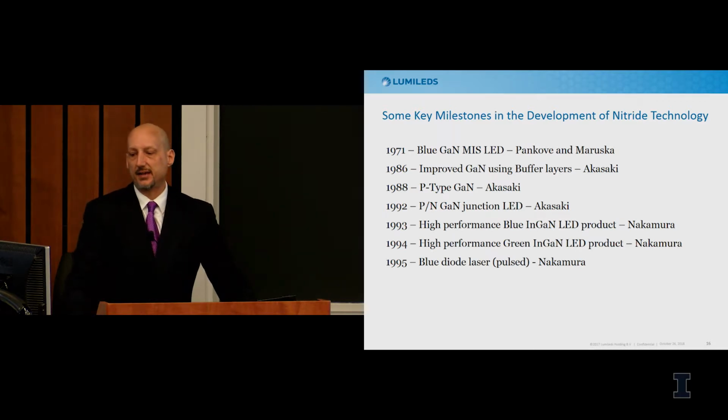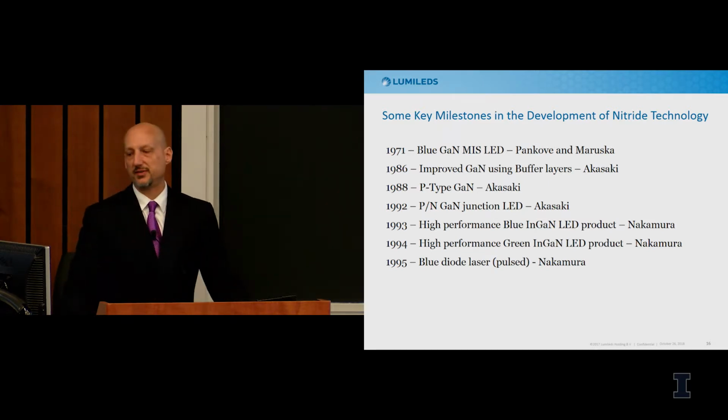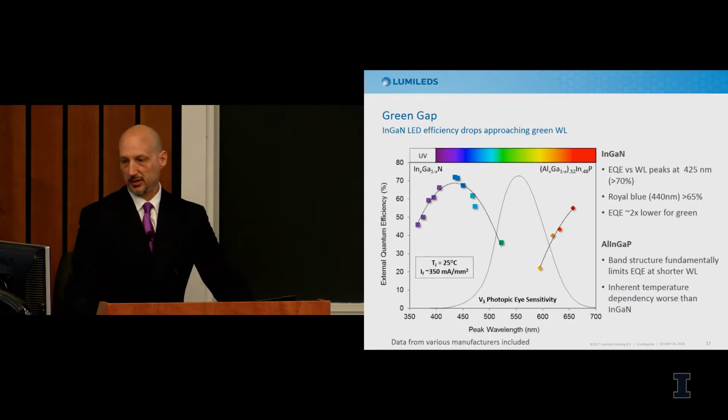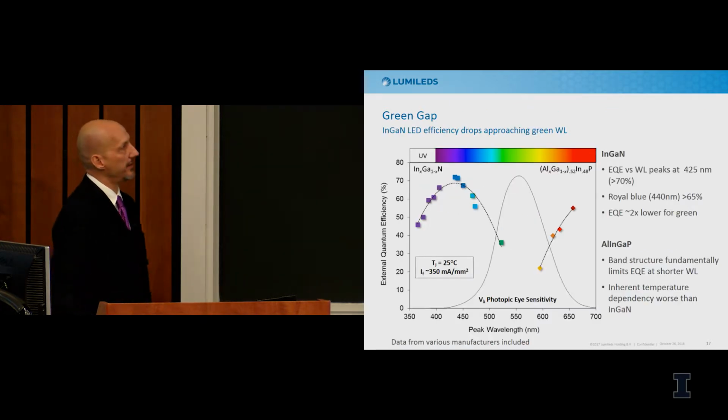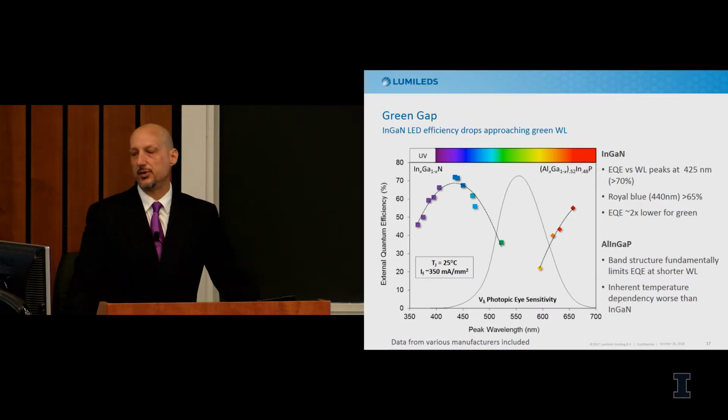But then Akasaki made key improvements that enabled the development of the materials and certain key aspects of the device. That was then built upon by Nakamura to enable high-performance blue and green devices as well as blue laser diodes. And this ultimately provided the full spectrum of devices from blue, green, yellow, orange, and red at high efficiencies.